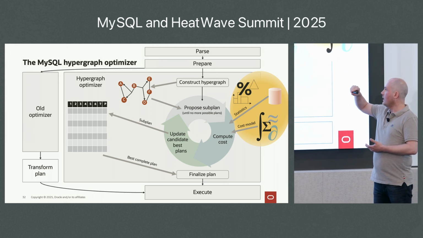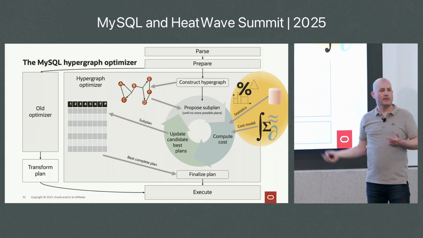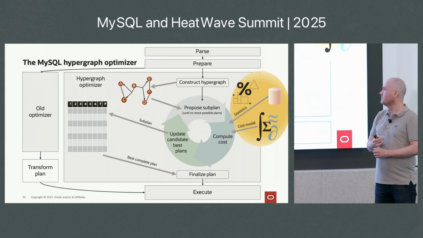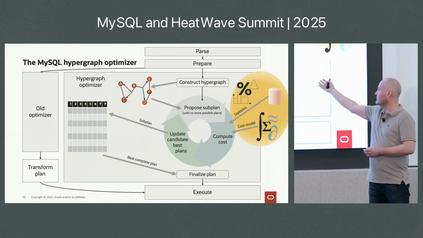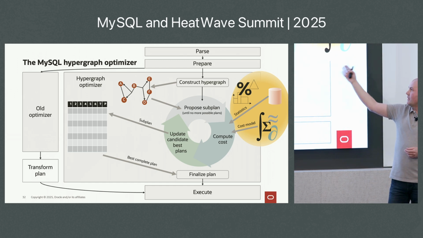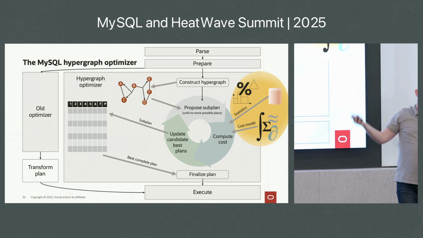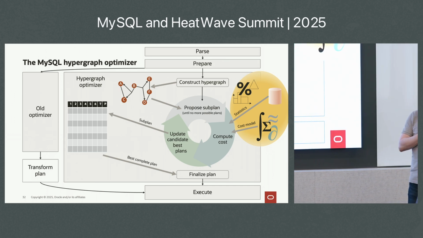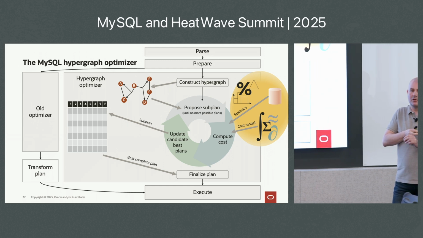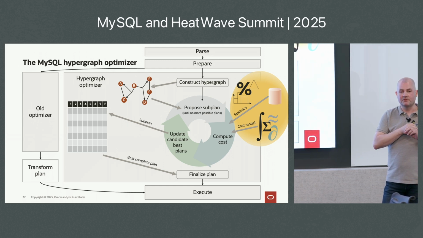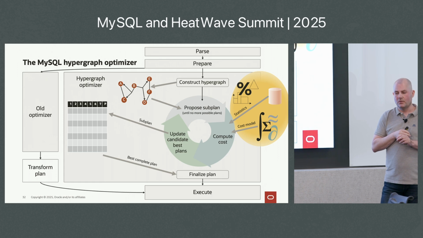Then we go back and look at an index lookup on table C. We can do that, so we compute the cost of that. Index lookup is very cheap. So when we look at our table of currently best options, we have the table scan on table C, which is quite expensive, and then we have the index lookup of table C, which is really cheap. But it also depends on actually having a value to look up.